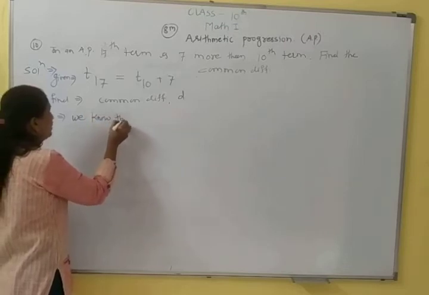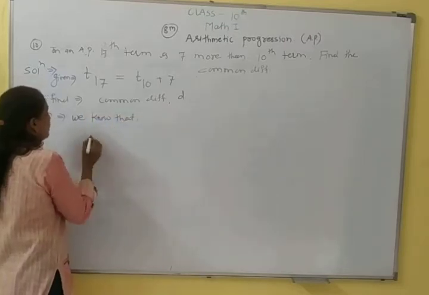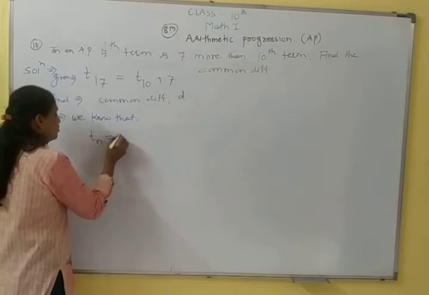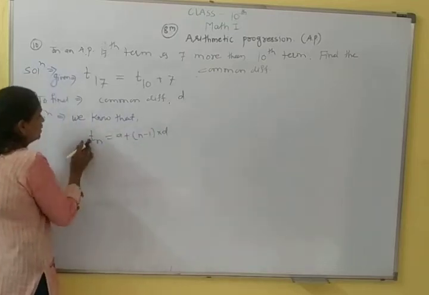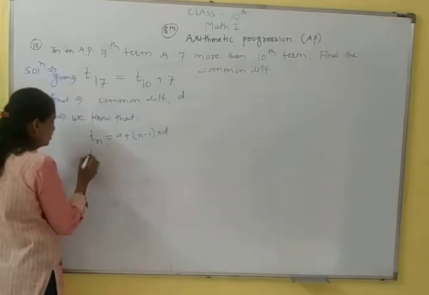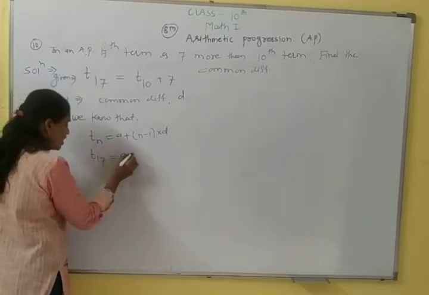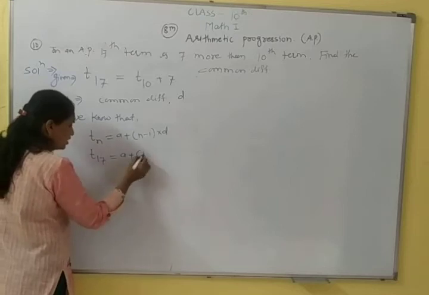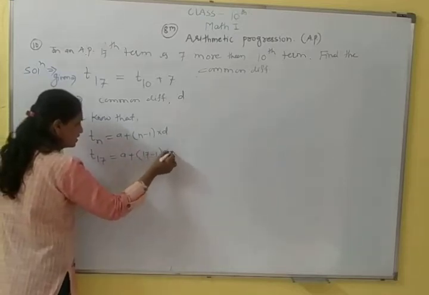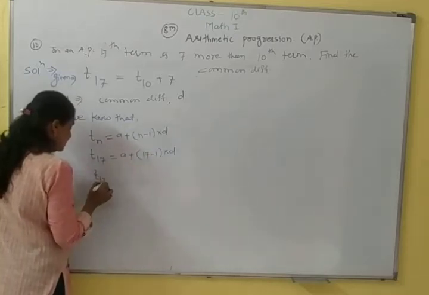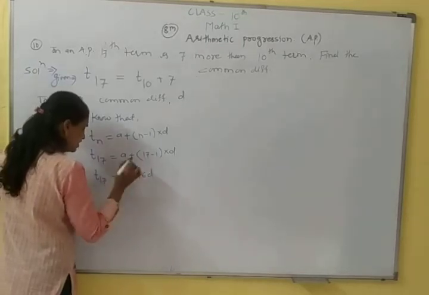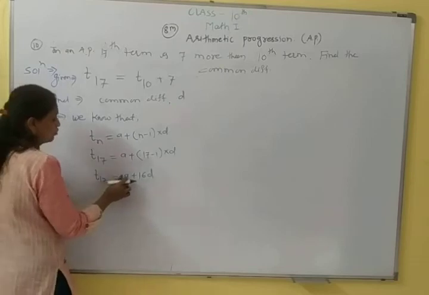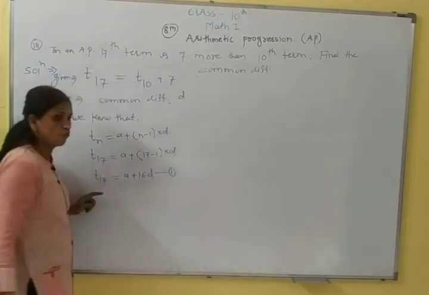First we have to find T17. We know that Tn equal to A plus n minus 1 into D. To find T17, n equal to 17, so T17 equal to A plus 17 minus 1 into D, which is A plus 16D. Therefore T17 equal to A plus 16D, equation number 1.